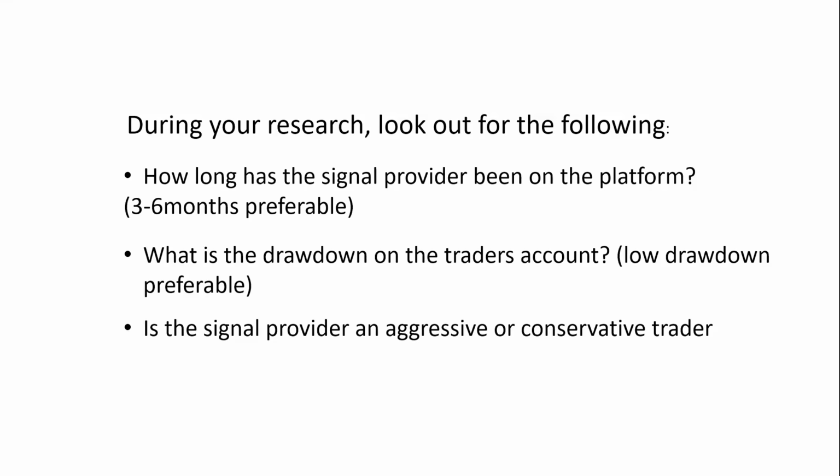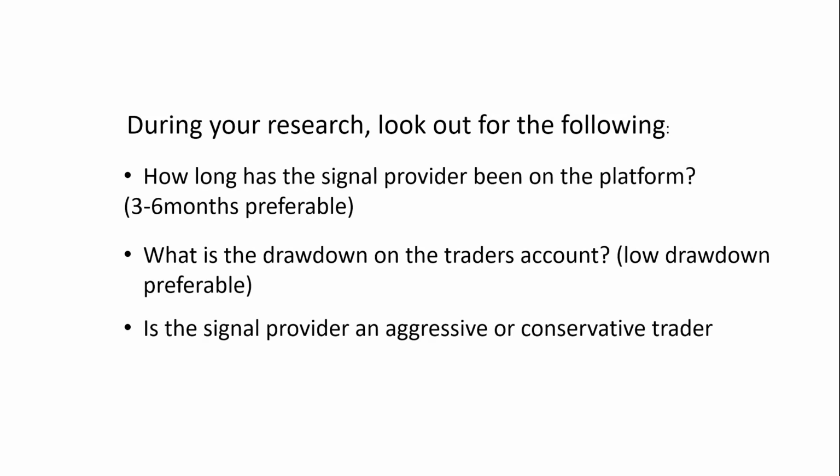The next thing also you want to check on that research is the drawdown on this person's account. You are still practicing risk management, because you don't want to connect your account to someone that has a high drawdown. Drawdown talks about the risk on your account, the negative trades, which could become a huge loss. So what is the drawdown on this person's trades? Is it 5%, 10%?